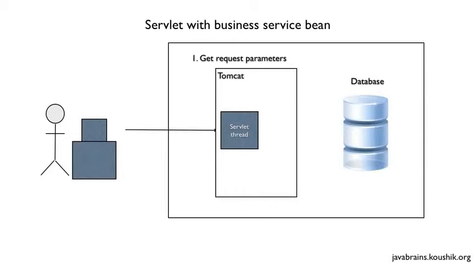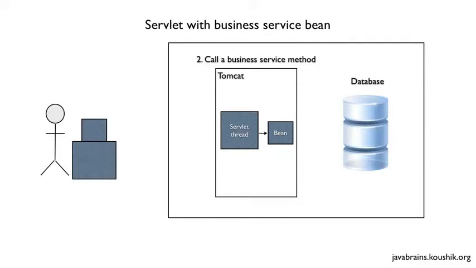Let's take an example of a web application that uses a servlet, but it also uses business service Java beans. Now, the first step of the servlet is to get the request parameters when the user makes a request. And then instead of connecting to the database to do the processing itself, it calls a method of a bean.